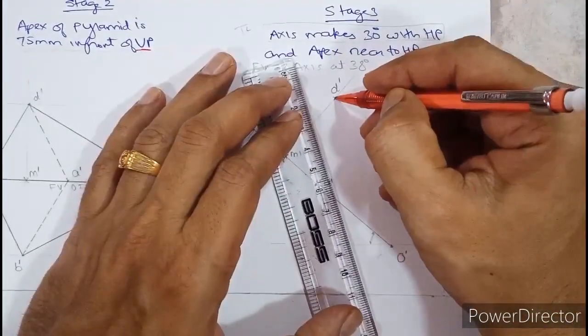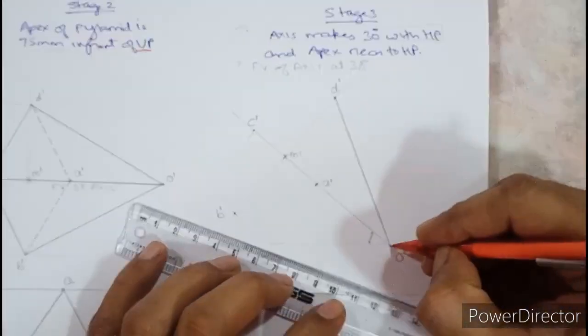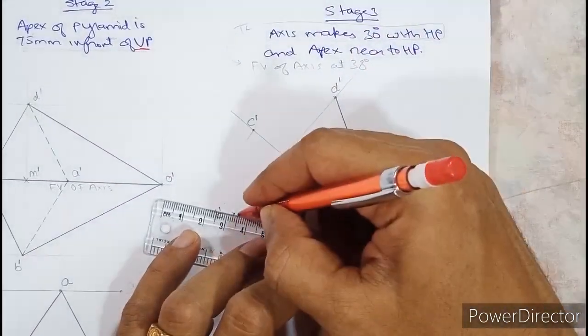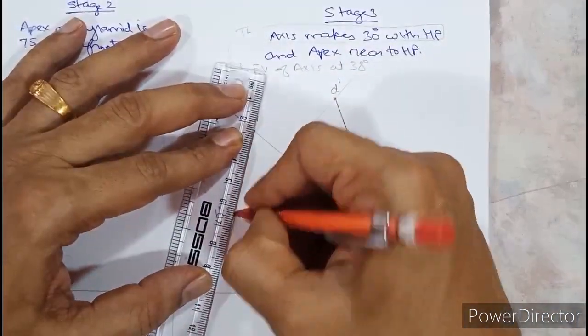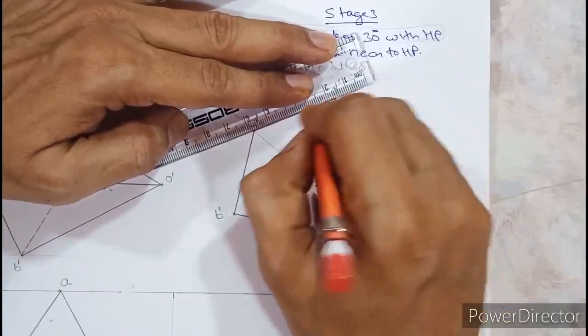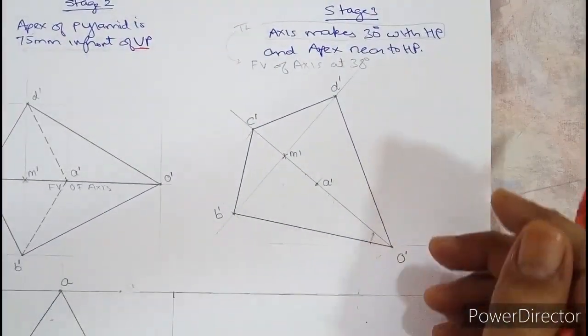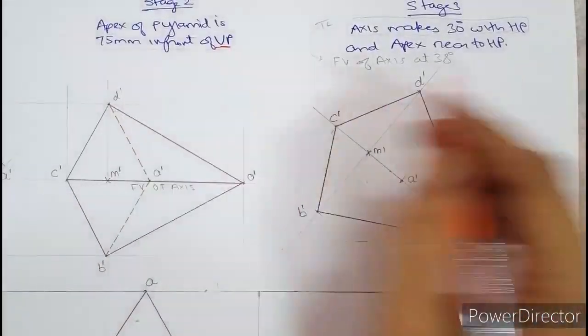So from O dash, join with D dash, dark. From O dash, join with B dash, dark. Join with C dash, and finally with D dash. Next, these hidden lines need to be copied as it is.